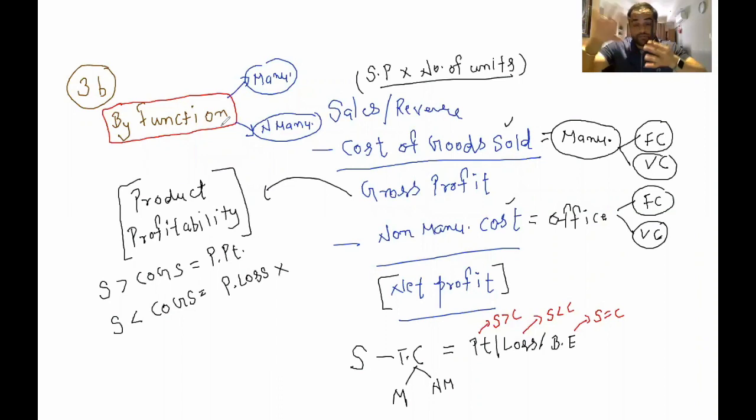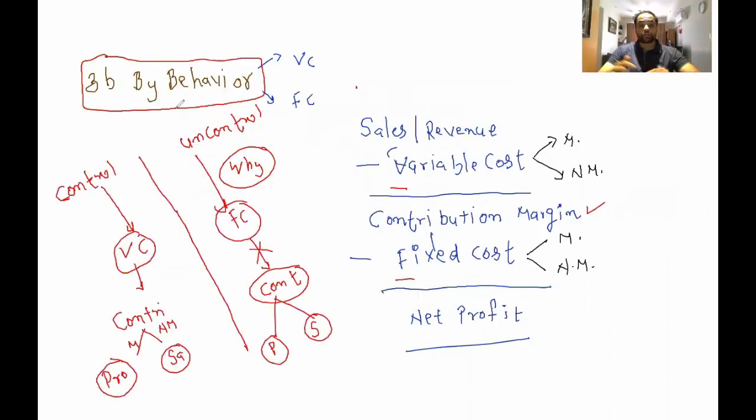So that's why we are allocating on the basis of office and factory, because the tasks are performed in the factory and the office. They are significantly different from each other. So that's why we allocate on the basis of manufacturing and non-manufacturing. But by behavior, we allocate on the basis of variable and fixed.